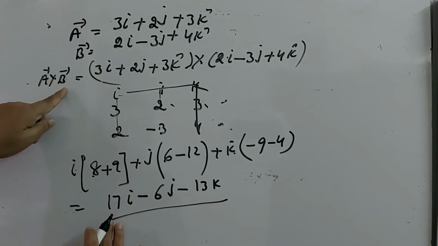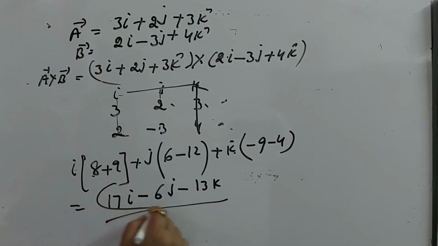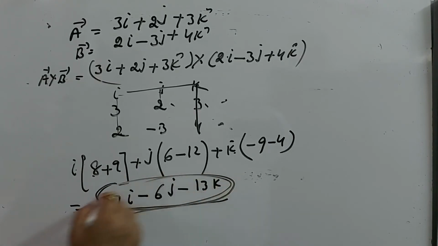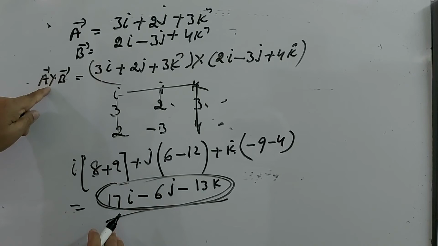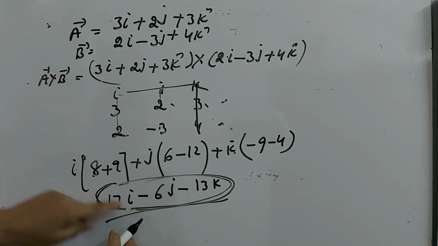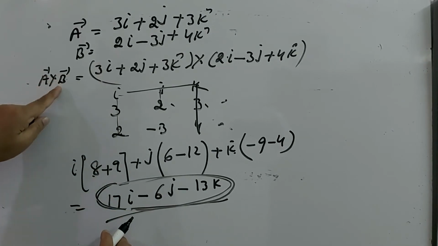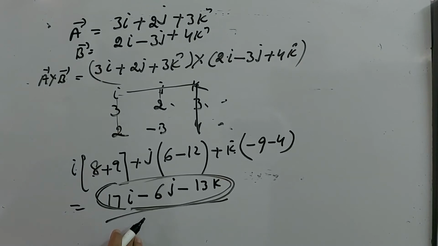So the cross product of these two is equal to this, and this vector will always be perpendicular to a cross b, meaning this will be perpendicular to the plane of a as well as b. And suppose we have a problem and we have to find the vector which is perpendicular to a cross b, you simply find the cross product and then find the unit vector.